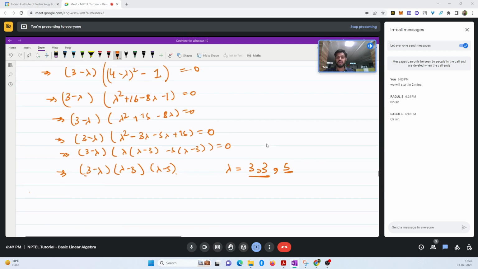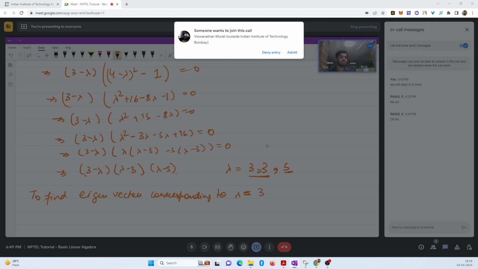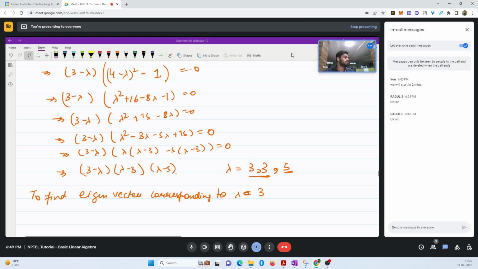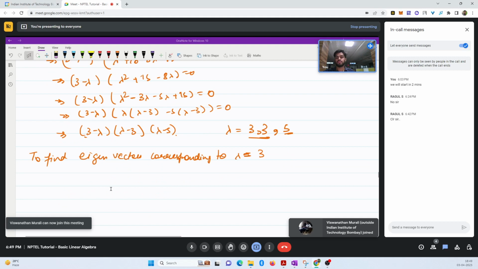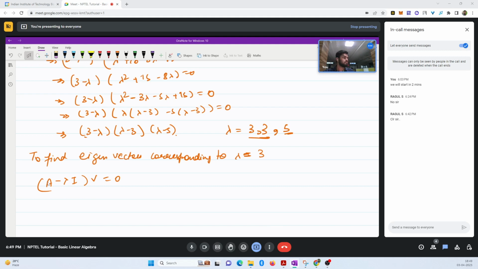Okay, so to find the eigenvector corresponding to lambda is equal to 3, what we should do is A minus lambda I times v is equal to 0.